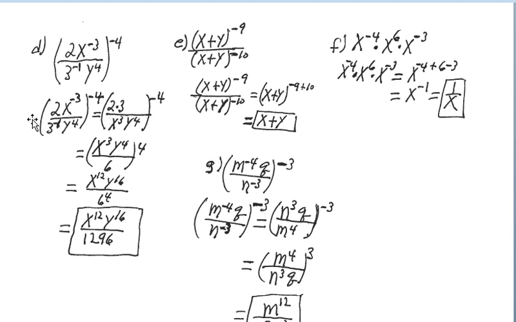Similarly, x to the minus 3 power that's in the numerator can be brought to the denominator so that it has a positive exponent, and thus we'll obtain 2 times 3 over x to the 3rd power, y to the 4th power, raised to the minus 4 power.